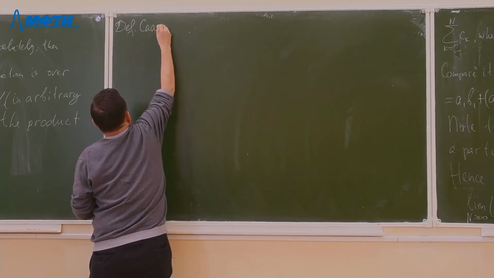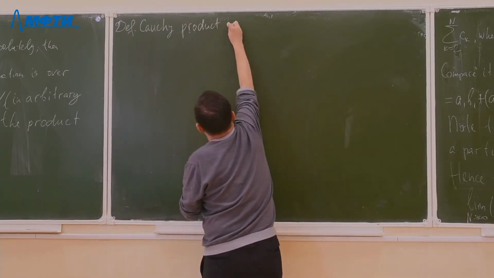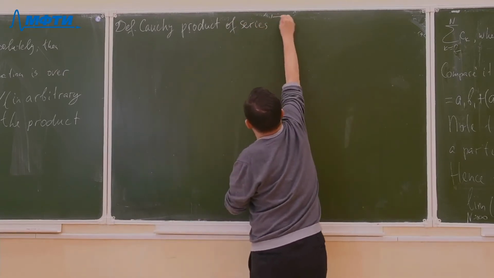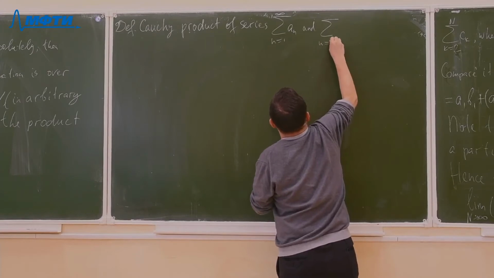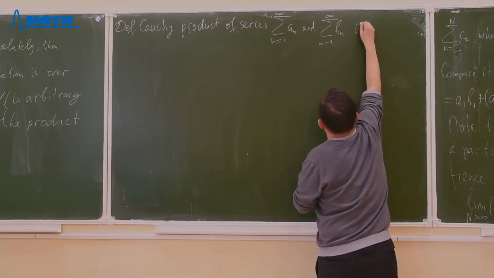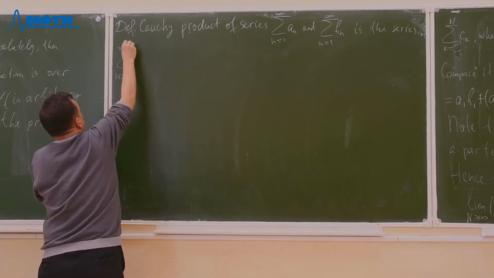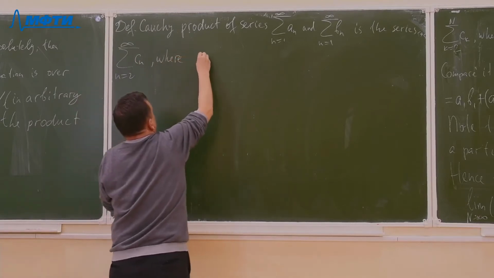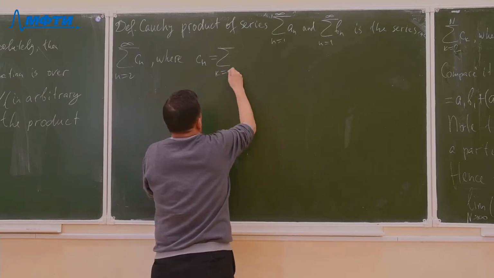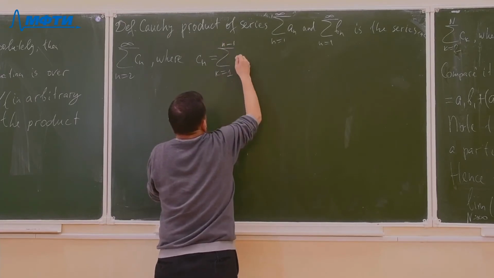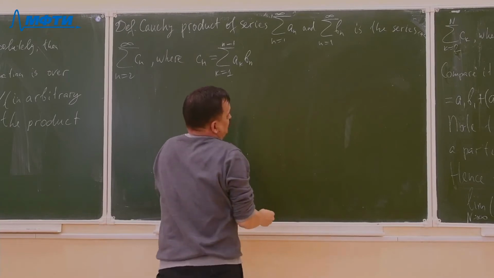Cauchy product of series: the sum over n from 1 to infinity of a_n and the sum over n from 1 to infinity of b_n is the series sum over n from 2 to infinity of c_n, where c_n equals, so it was written before, the sum over k from 1 up to n minus 1 of a_k b_(n minus k).